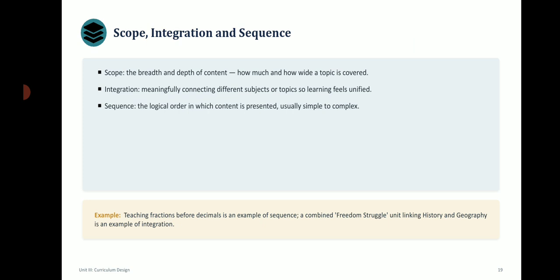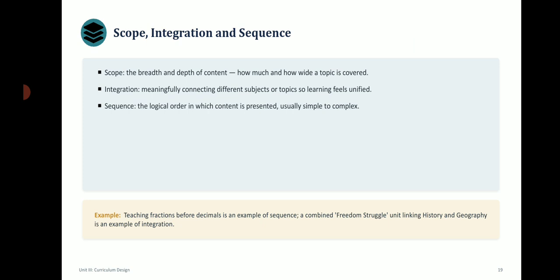So next, integration. Learning becomes meaningful when content from one field is interrelated with the content from another. That is physics related with chemistry, chemistry related with maths, again with biology, again with literature, everything interrelated. That's integration.